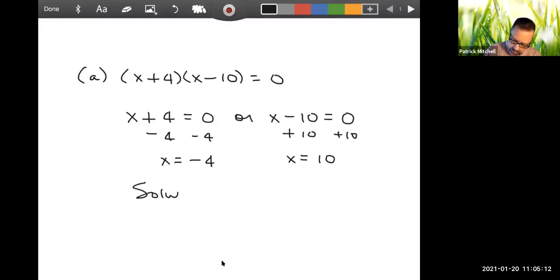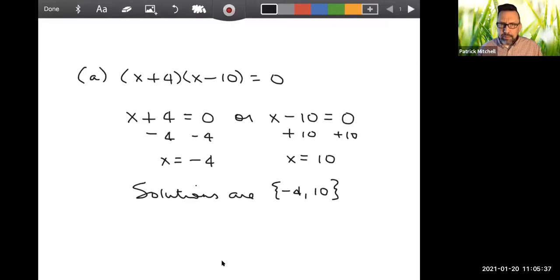All right, now I don't think I've had the opportunity to say this to you before. Remember how I told you that factoring problems you can always check by multiplying the answer back together? Solve equations problems can also be checked by putting the numbers that you think the solutions are into the original equation, okay?